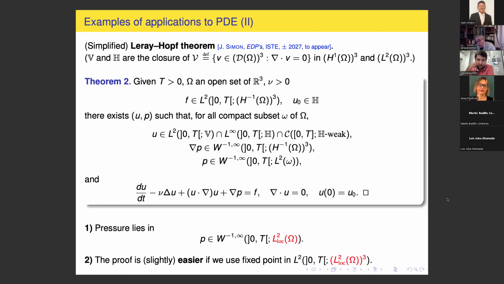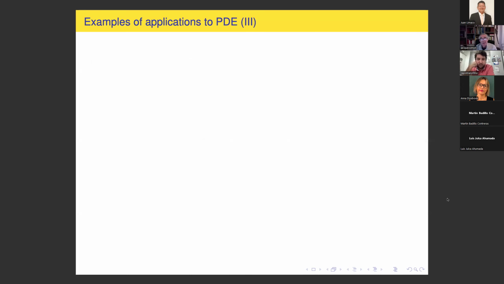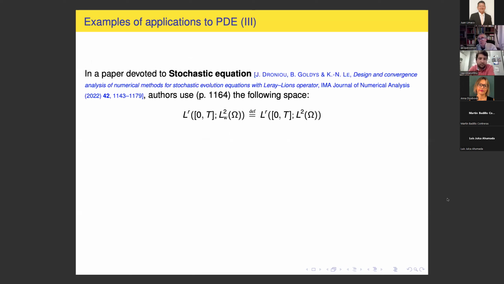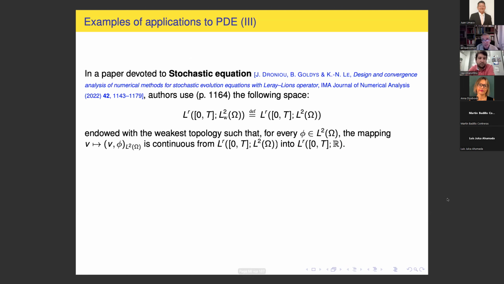The normal proof. And the third application, which is a little more complicated, is in a stochastic equation, and it is done by Dronio and Allied. And he uses a space that he called LR of 0,T in L2 weak, which is the usual space LR with values in L2, but which is endowed with the weakest topology that makes this application continuous.